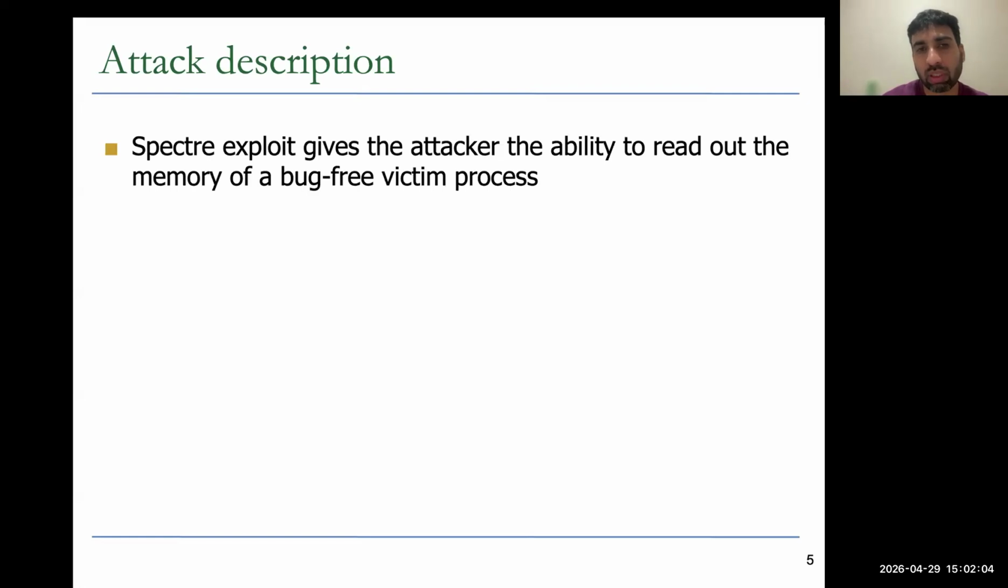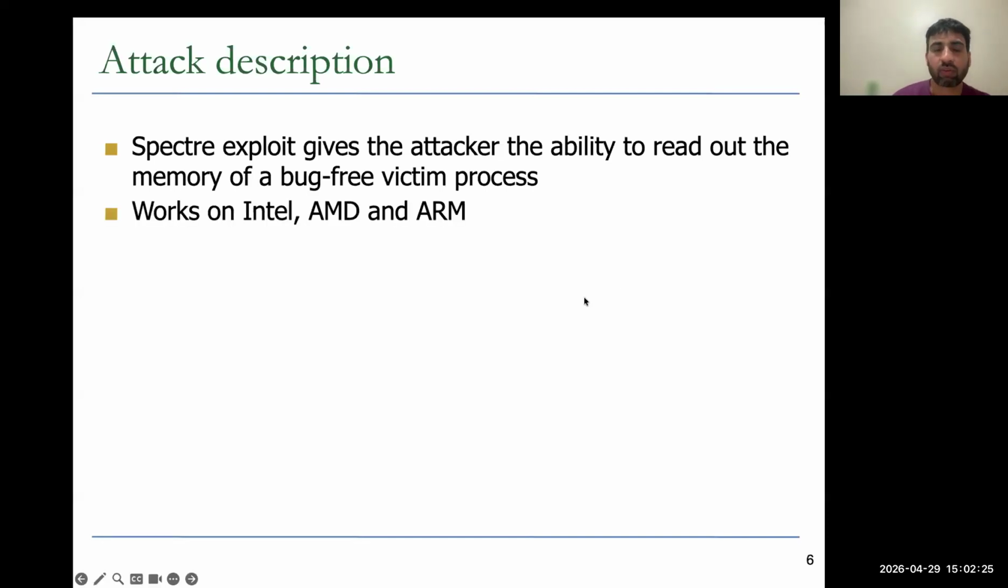There are no coding bugs, no memory bugs in the code of the victim process, but still the attacker process is able to read out its secret data, right? How? By taking advantage of speculative execution. What is speculative execution? We will talk about that in a minute.